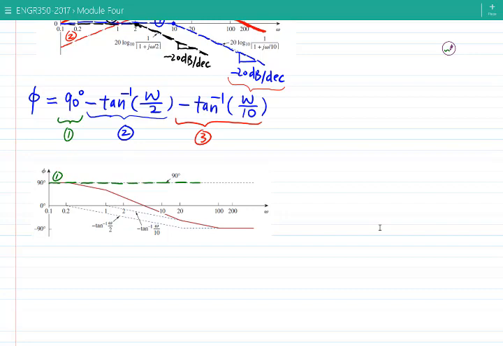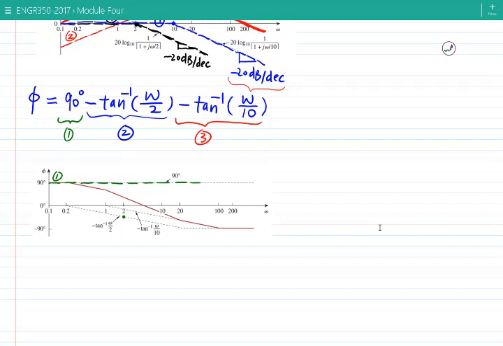For the phase angle of term number 2, remember it is from a first order pole, and depending on the frequency omega, the first corner frequency is omega equal to 2. So first let's put the corner frequency omega equal to 2. When omega is equal to 2, we have inverse tangent of 2 over 2, which gives us 1.